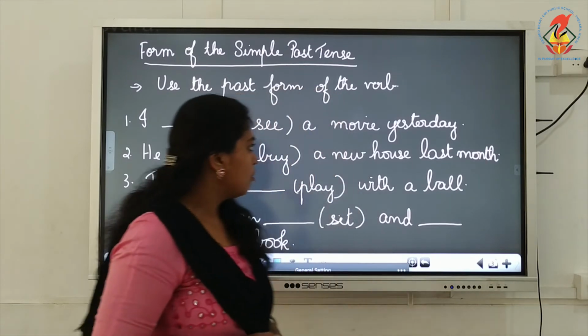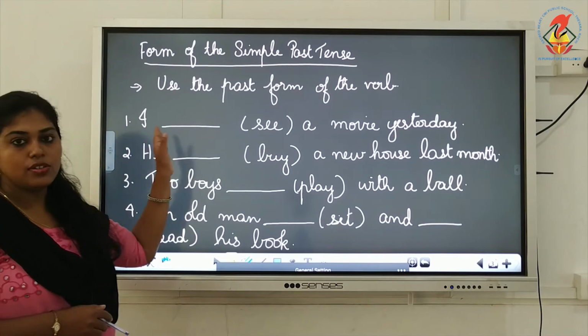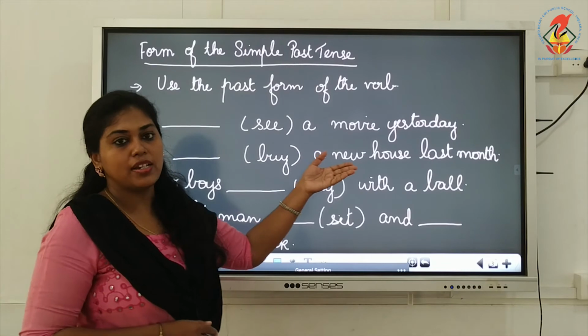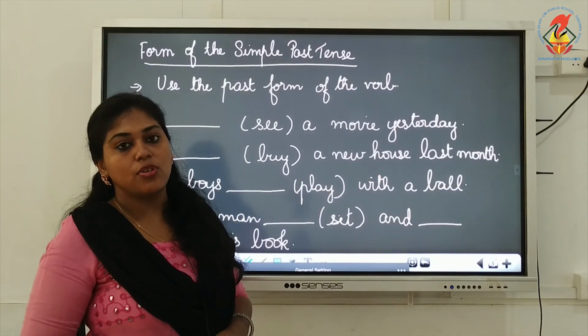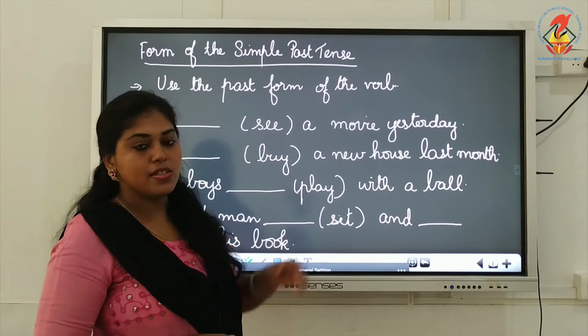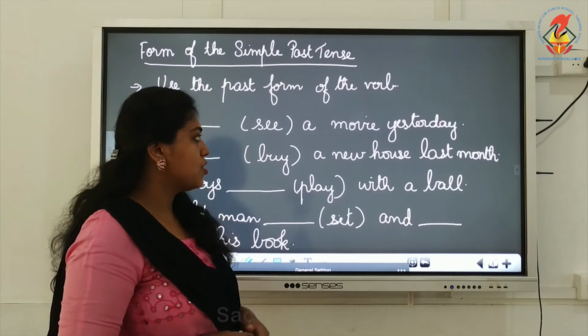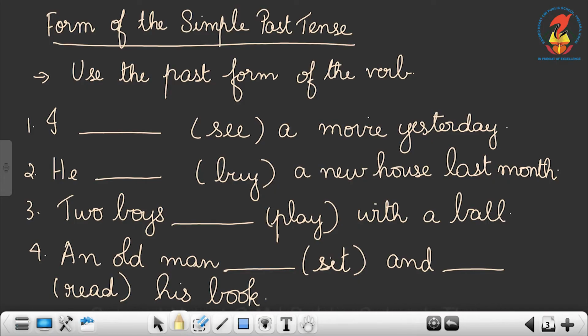Now let's see how we use it. You will be given a sentence like this and asked to write it in simple past tense, or asked to complete the sentence using the correct form of tense. At that time you need to understand. First: I dash a movie yesterday.